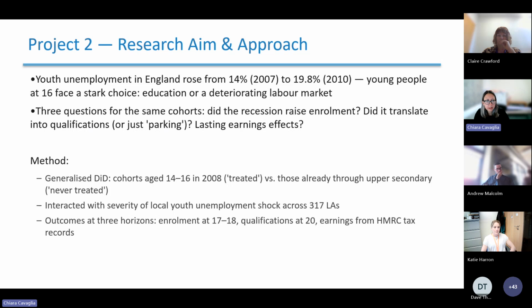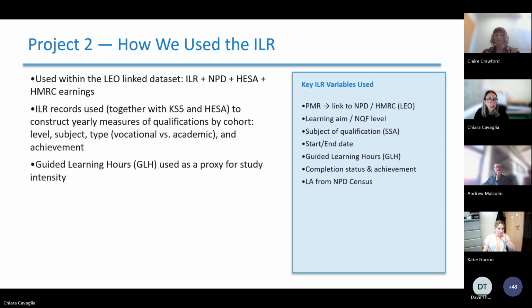We interacted this with the severity of the crisis at the local authority level. We were interested in enrollment at age 17 and 18, qualifications at age 20, and earnings and employment at age 23.